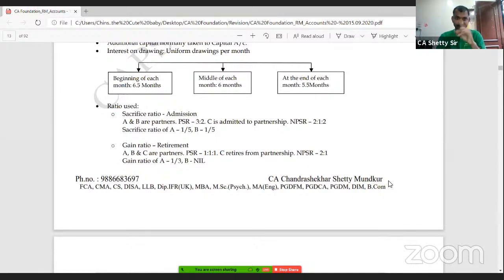Goodwill treatment. Now connect: why is sacrifice required? Goodwill treatment. Total goodwill of the firm is 50 lakh. New partner's share is equal to 50 lakh into 2/5.